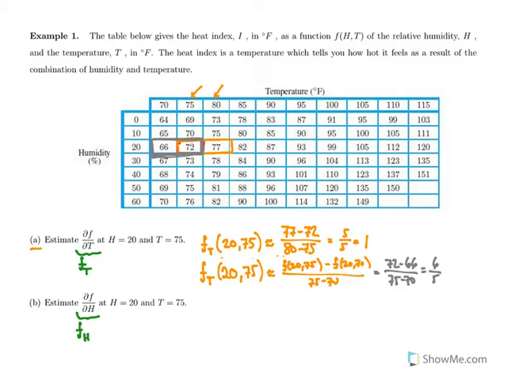And both of those would be acceptable answers as to what is the derivative at this point. Since we don't have more values, we just have to use what's in the table. And the actual value of that derivative may be the average of those two values.